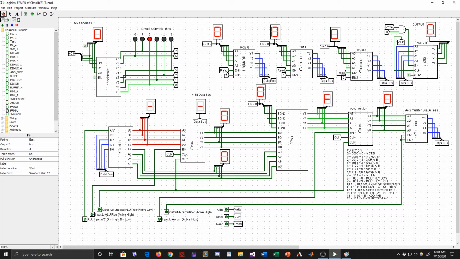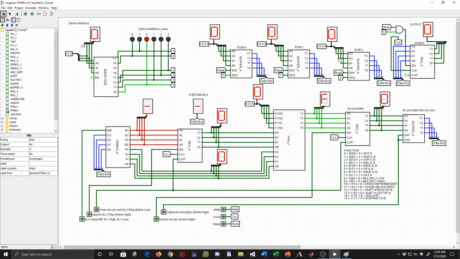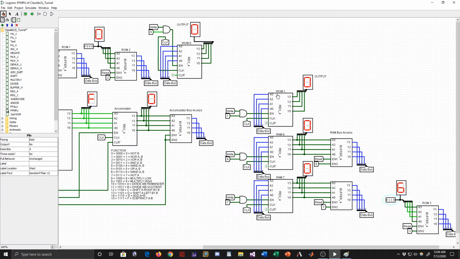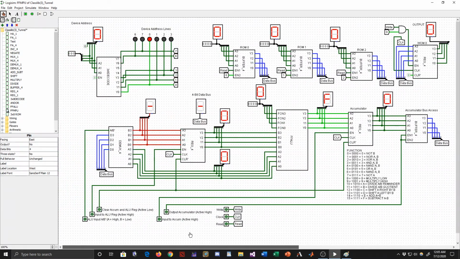And so you're never going to be reading and writing in the same clock cycle, and so it doesn't matter if they have the same address. So we have read-only memories from 1 to 4, and then our write-only memories from 0 to 3. And then our write-only memories are 0 to 1, but because RAM does both reading and writing, it needs to have an address which is not used for any read-only or write-only devices.